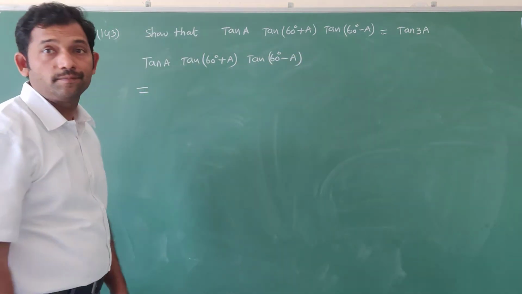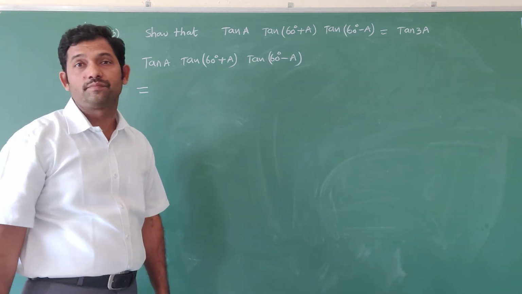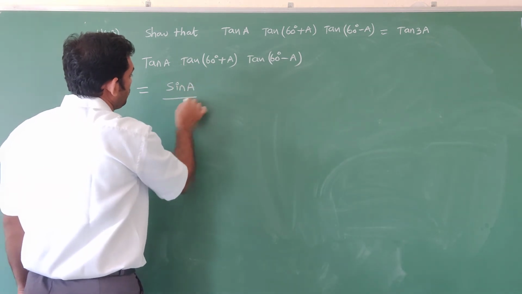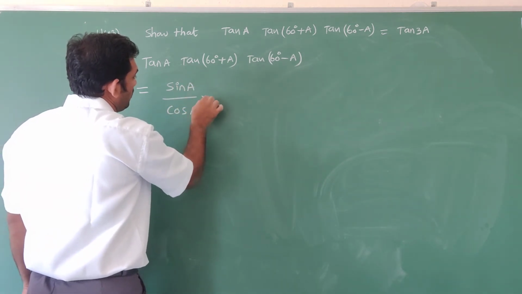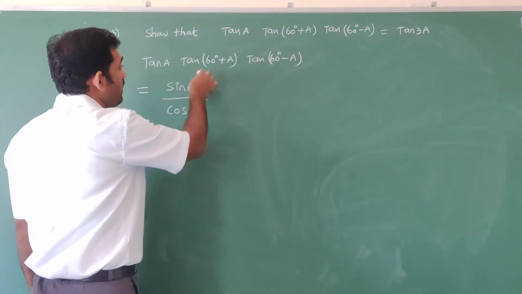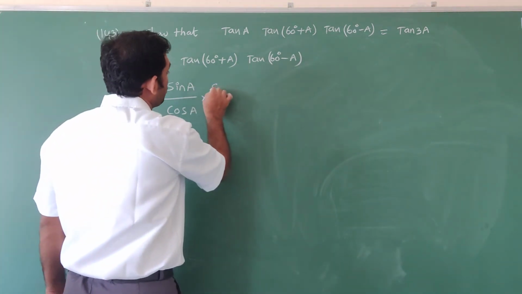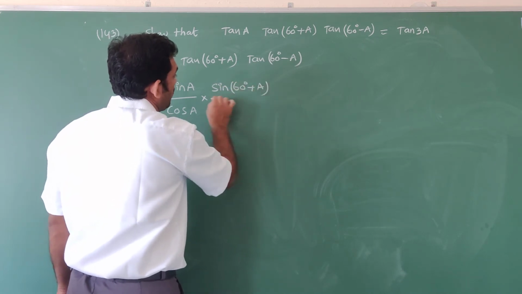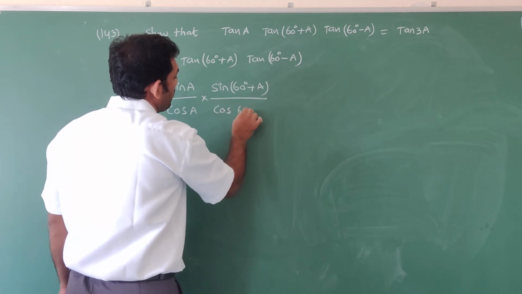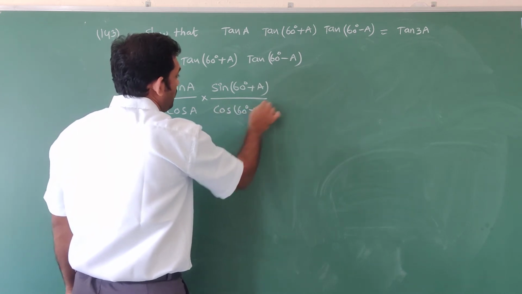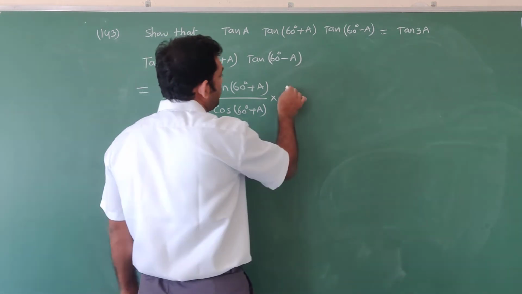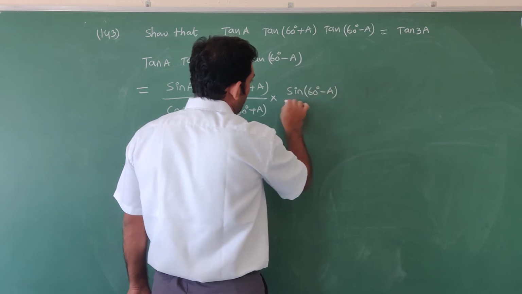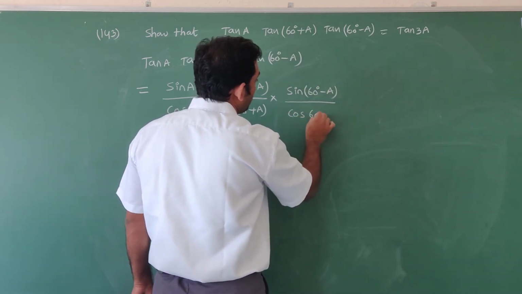Tan A means what? Sin A by cos A, into tan(60 plus A), which can be written as sin(60 degrees plus A) divided by cos(60 degrees plus A), into tan(60 degrees minus A), which means sin(60 degrees minus A) divided by cos(60 degrees minus A).